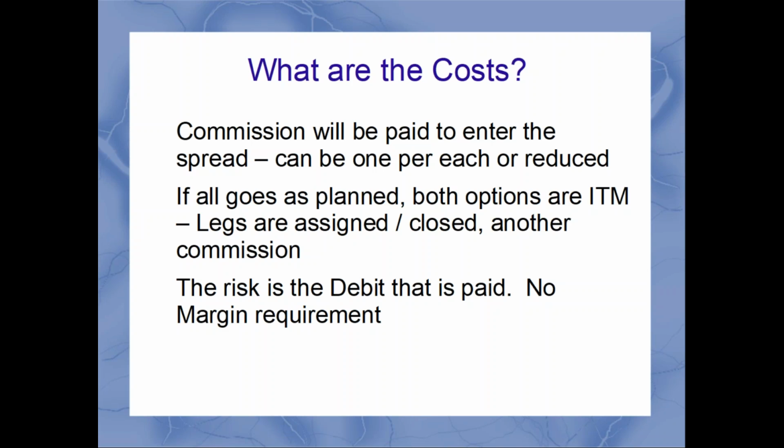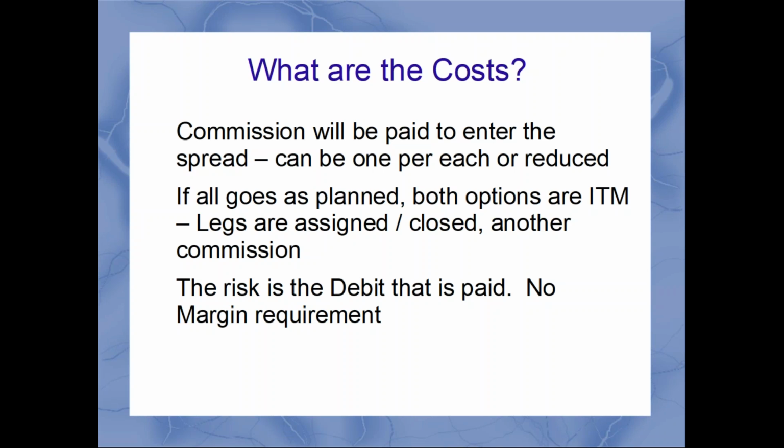I have to actively close it, meaning I have to buy to close the call that I sold and sell to close the call that I bought, or liquidate the spread, or leave it open until the market closes, and now I'll have an in-the-money call and a deeper in-the-money call and essentially my broker will exercise and assign the legs. That means that to get the full profit on a debit spread, you're going to have to pay additional commissions.